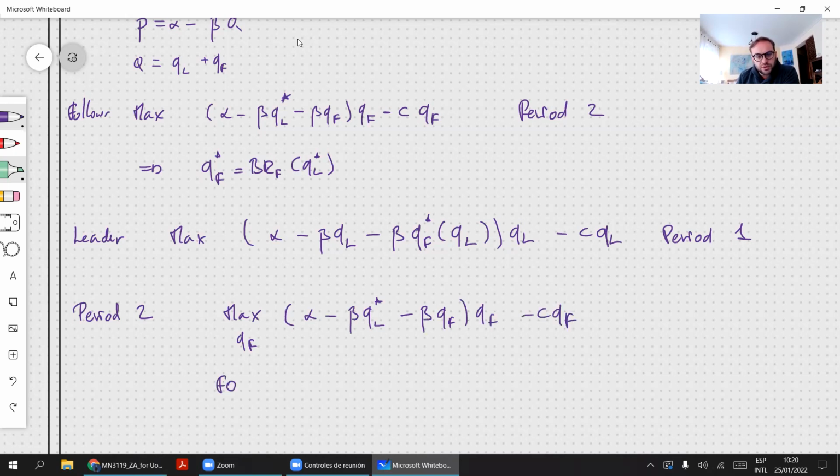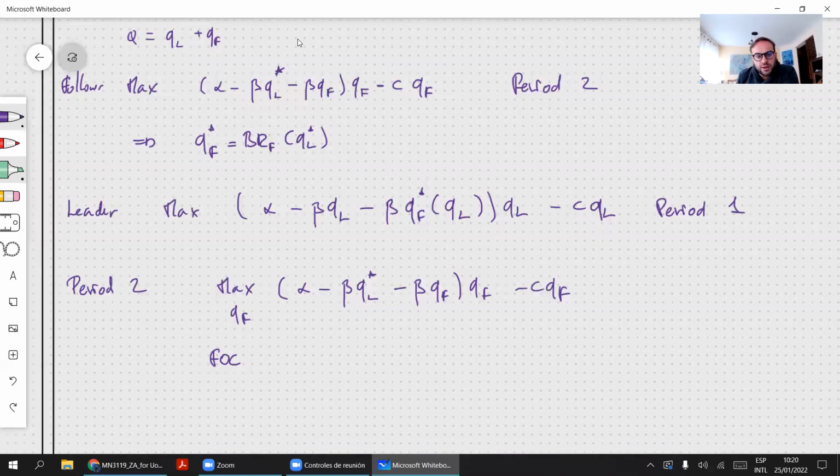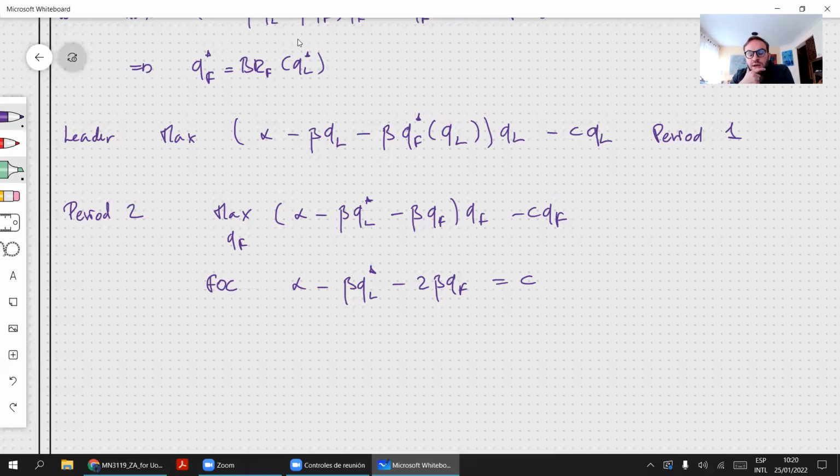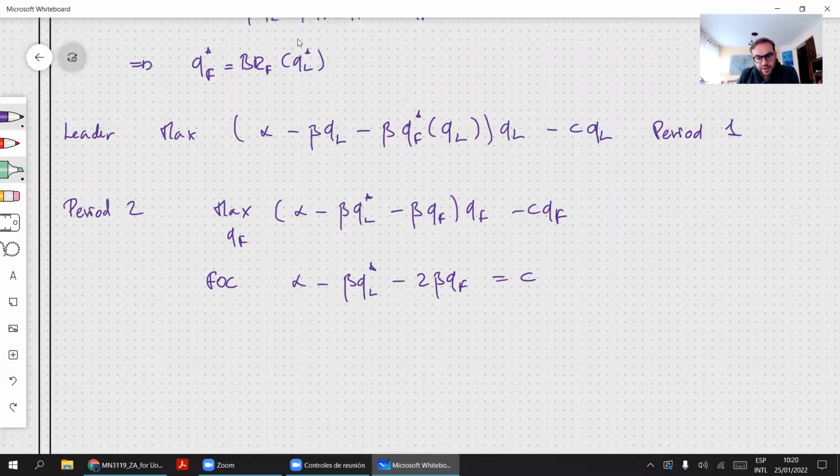So the first order condition to get a maximum here is going to be alpha minus beta QL, so whatever the leader is doing, minus 2 beta QF, and this needs to be equal to the marginal cost, because it's marginal revenue on the left-hand side and marginal cost on the right-hand side, which I can solve such that the production of the follower is going to be given by alpha minus C minus beta QL star, so the optimal decision of the leader, whatever it is, divided by 2 beta, right?